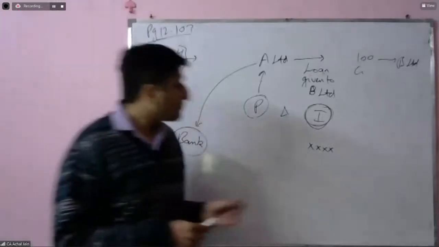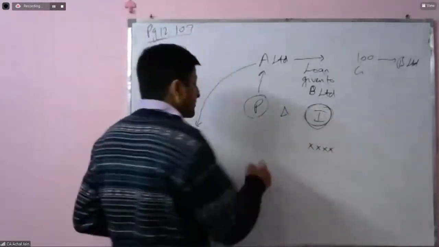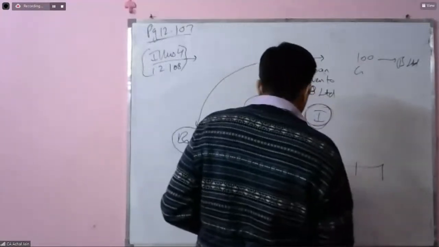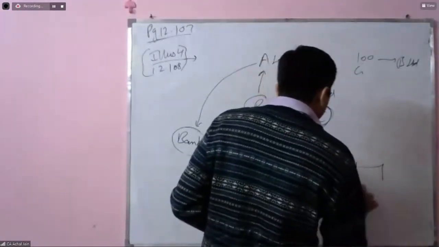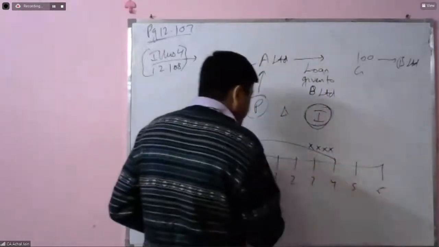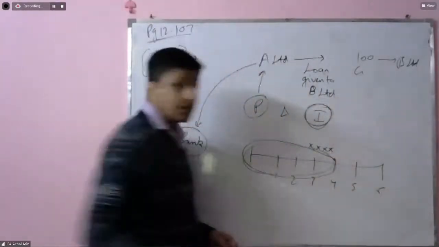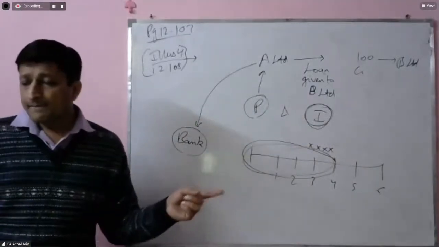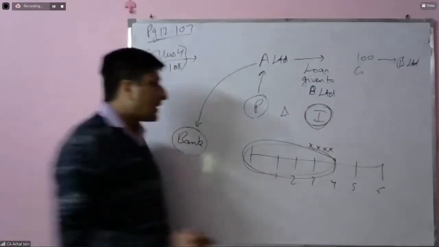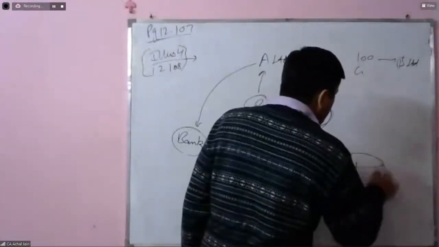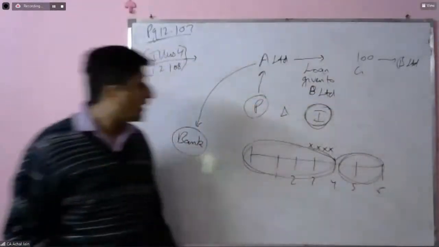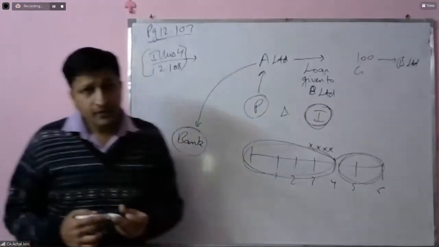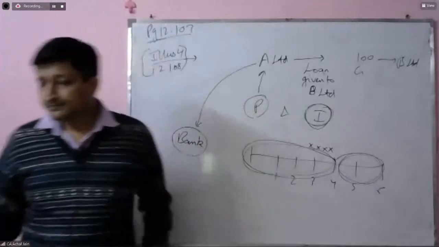Means in the third situation, what are we saying? That cash flows will come for 6 years: 1, 2, 3, 4, 5, 6. For the first 4 years, the cash flows will go to the holder, and for the remaining 2 years, the cash flows will remain with the company. So this is the holder, this is the company. So these are the three arrangements.